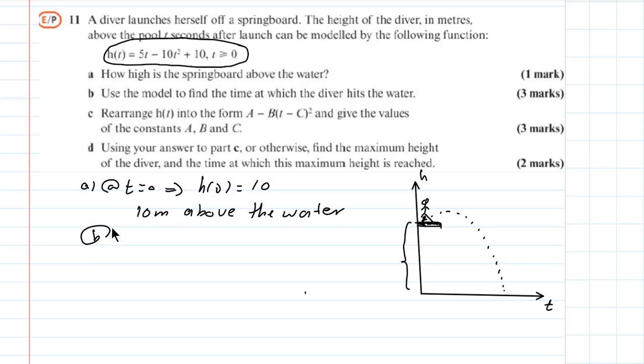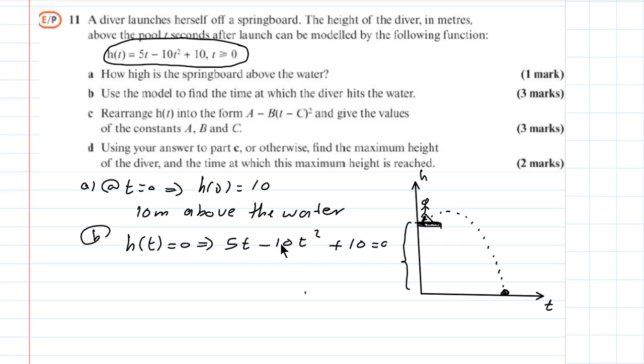Okay, for B, the question said use the model to find the time at which the diver hits the water. Very good. When the diver hits the water, he will be here, right? Which means that h itself is 0. The height is 0. So h of t equals 0. 5t minus 10t squared plus 10 equals 0.